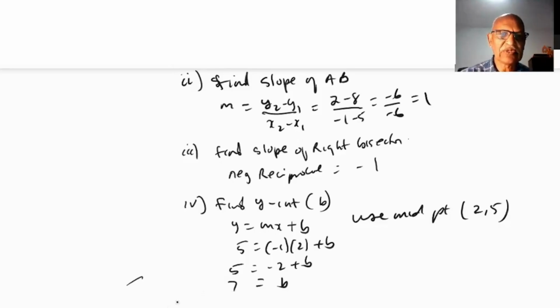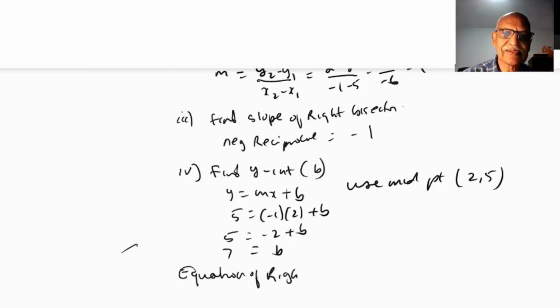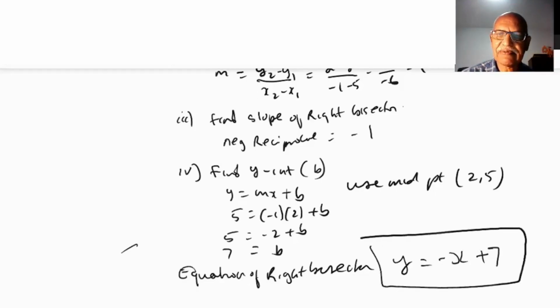So now we conclude that equation of right bisector is y equal to -1 x plus 7. So that's it about right bisectors.